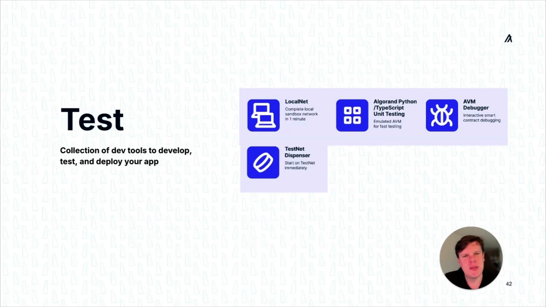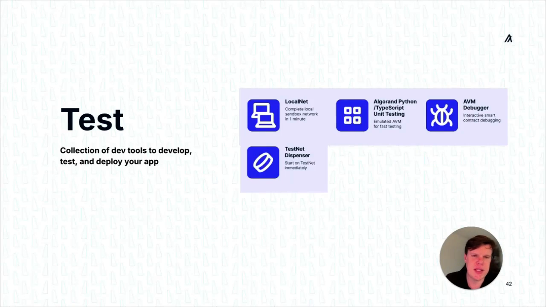AlgoKit also ships with super useful tools for testing. A big part of that is LocalNet. LocalNet just spins up a private network on your machine, letting you test apps in a safe and isolated environment that mimics a real chain. So it mimics mainnet. Everything you do on LocalNet, you can expect it to behave basically the same way as it would on testnet or mainnet.